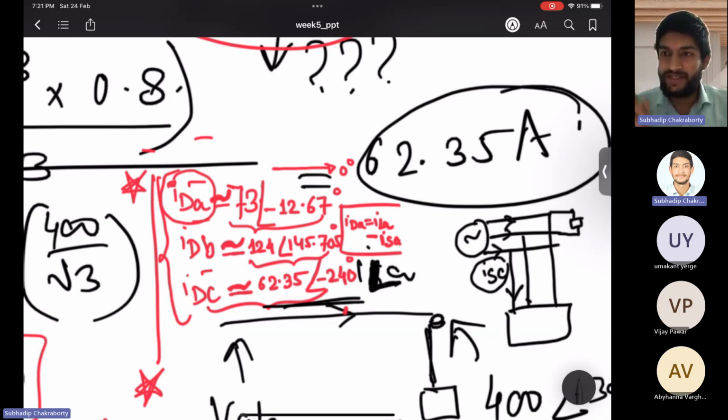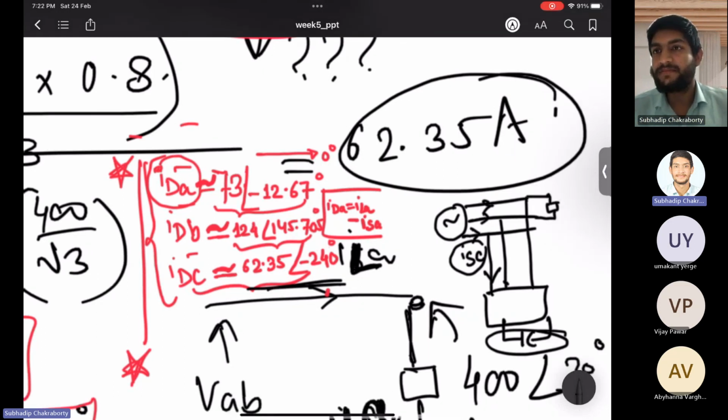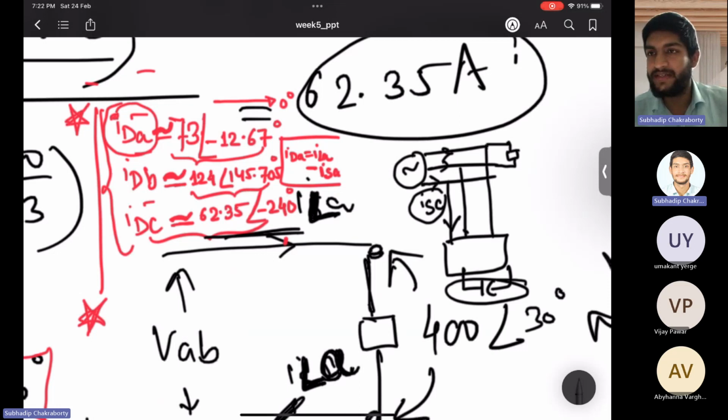So one question I have: is this DC link self-supported, or do you need some active power source at the DC link? If someone asks you in the exam, is it a self-supported operation of the DSTATCOM, or do you need some active source at the DC bus? Active source is needed.